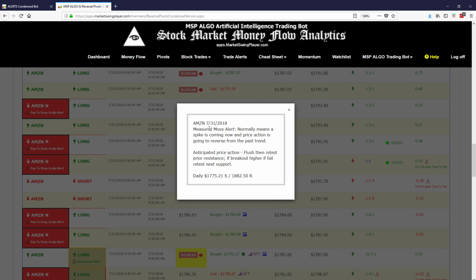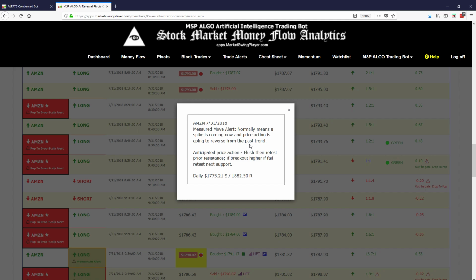And it says, Amazon, measured move alert, normally means a spike is coming now and price action is going to reverse from the past trend. That's what it normally means. So most of the time it means it's going to reverse from the past trend.